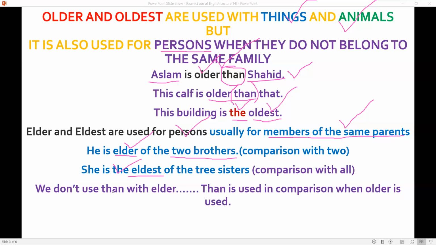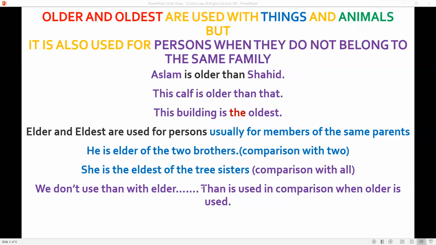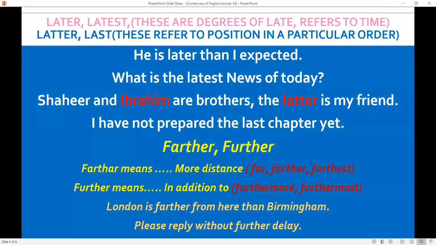We do not use than, I have told you. With elder we do not use than; we use than with older. This is the right use of the words. We should not confuse these things while writing and speaking.